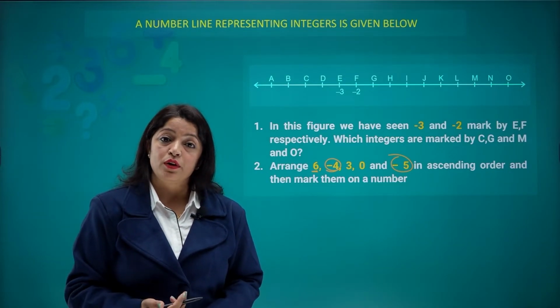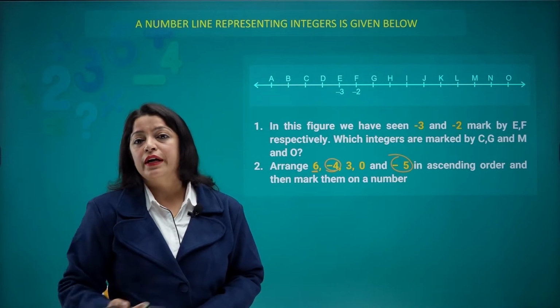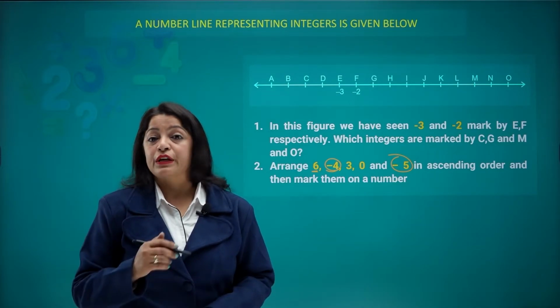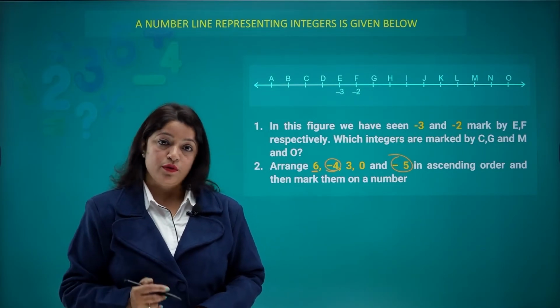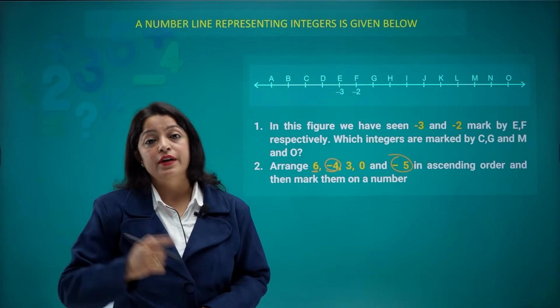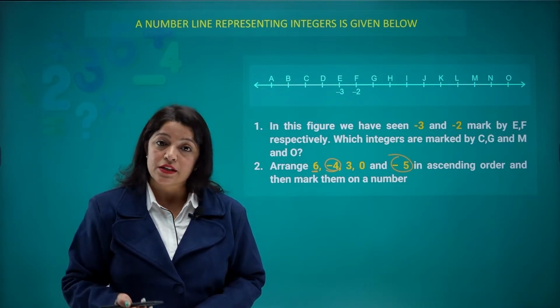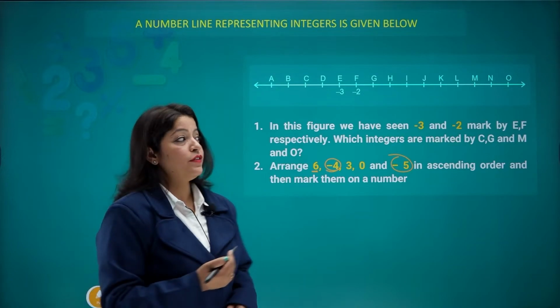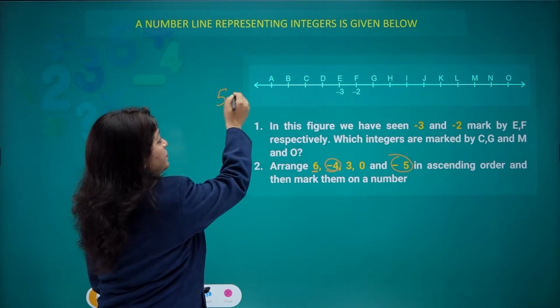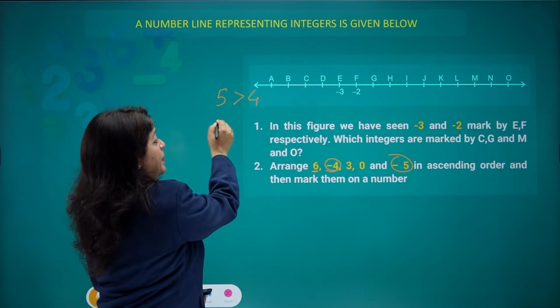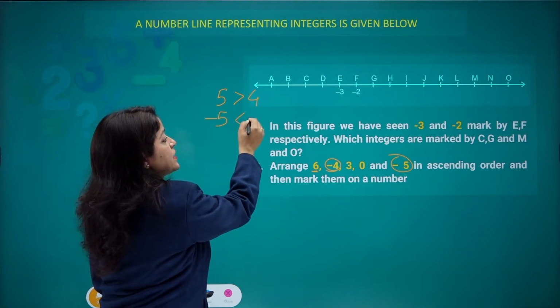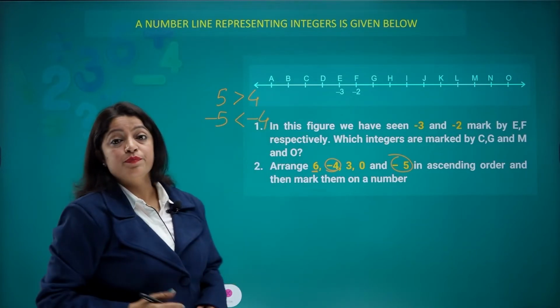Now, which is smaller, negative 4 or negative 5? Remember, 5 is greater than 4. Okay, but if they both are negative, the inequality sign changes. That means if 5 is greater than 4, then minus 5 should be less than minus 4.